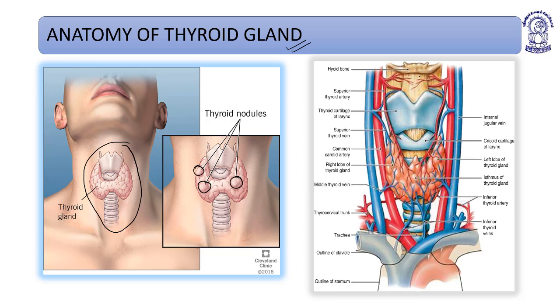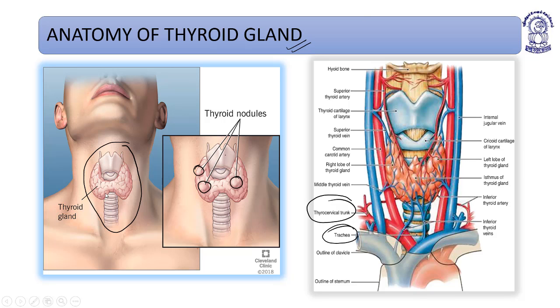You can see the thyrocervical trunk. It is not of your use. This is the trachea. In this picture, you need not remember all these names of the veins and cartilages; they are not required. Specifically, we are not going to be asked questions from this deep anatomy.